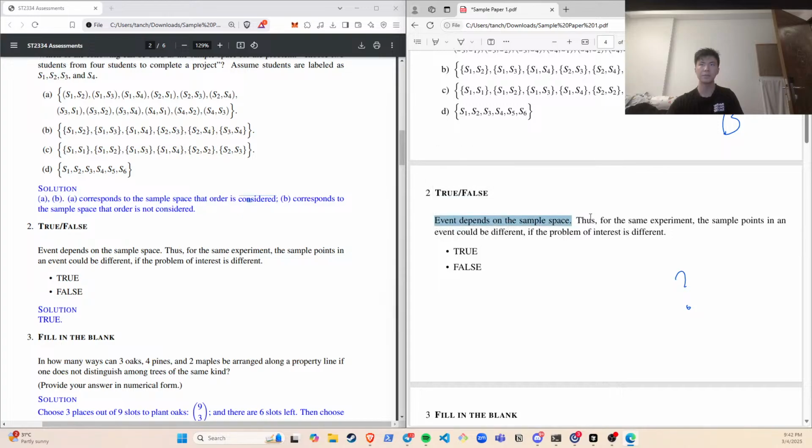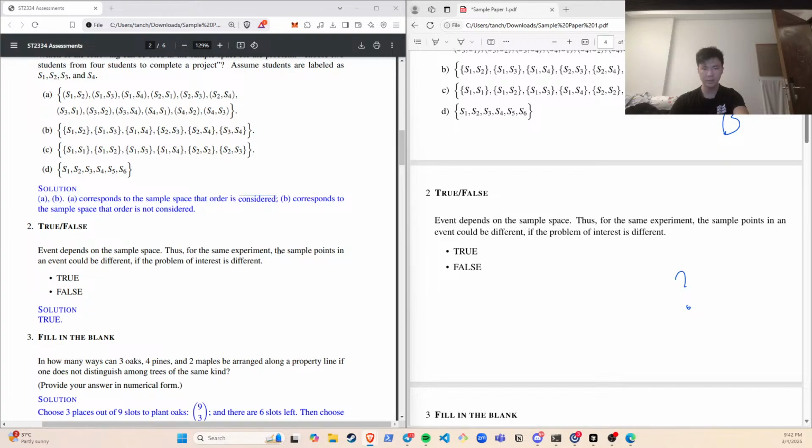Okay, that's clearly true. For the same experiment, the sample points in the event could be different. What's an experiment in this case? Maybe I should read the textbook. I'm not sure. Yeah, I think I should read the textbook.